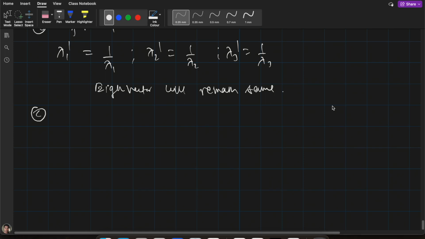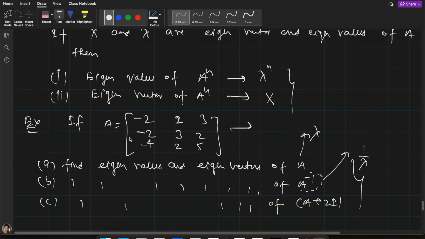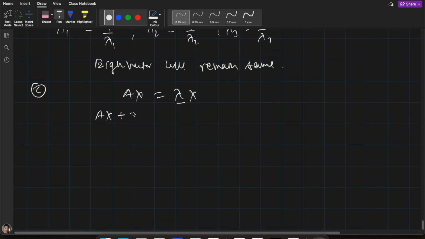What will be the eigenvalues? Just do things, right? Again, Ax = λx. If I have eigenvalue λ and eigenvector x, then I will always start from this equation. Now add 2I x to both sides.